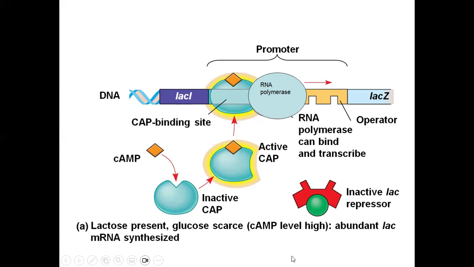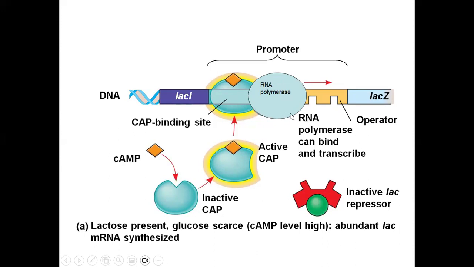Let us look at how this will happen. When lactose is present in high concentration, first of all, it is going to inactivate the repressor protein. So the repressor is unable to bind to the operator sequences, and RNA polymerase can proceed and carry out transcription.